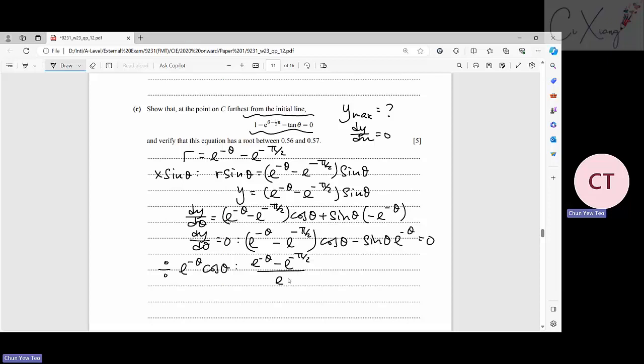Then I will get tangent theta. Split them. You get 1 minus e to the power of theta minus pi over 2, minus tangent theta equal to 0. Okay, so shown.